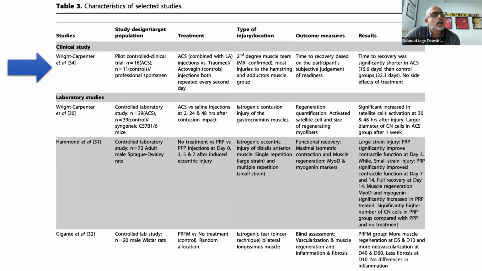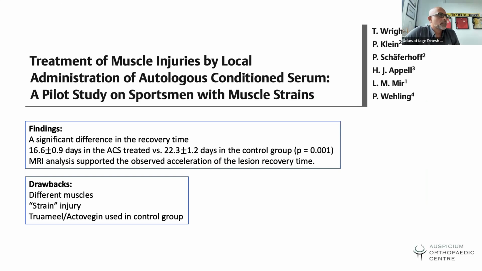Now, I went and pulled up that paper, and when we have a look at it, yes, indeed, they say that there is a significant improvement in the recovery time. The treated group was 16.6 days, and the non-treated or control group was 22 days.